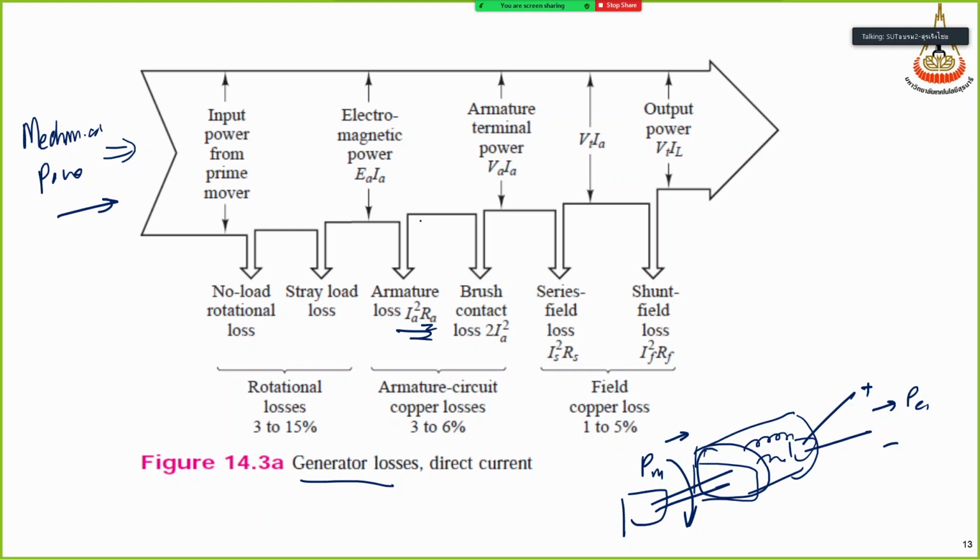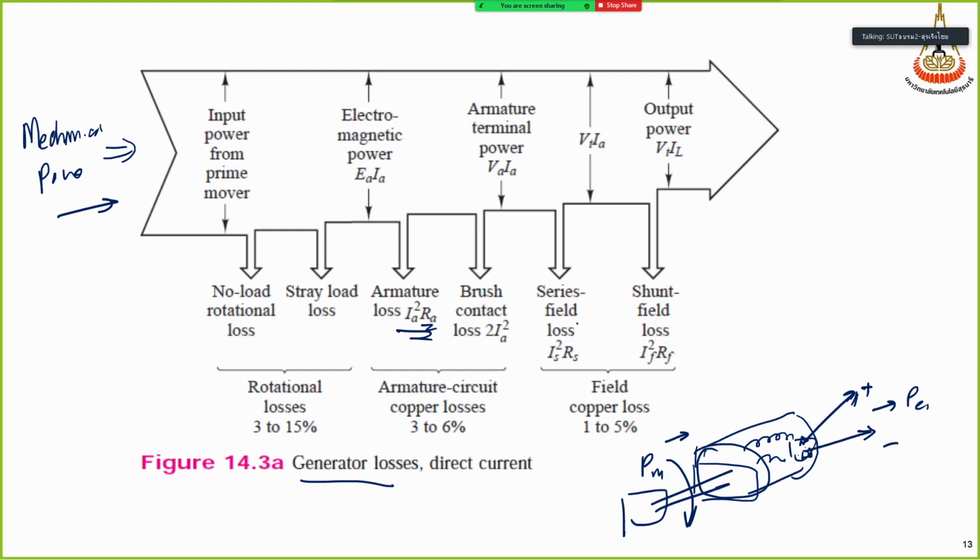And maybe we have some brush contact here, because to connect the power from the output, this part may be moving, so it needs some brush to touch the moving part in order to make the electrical connection from inside to outside the machine.